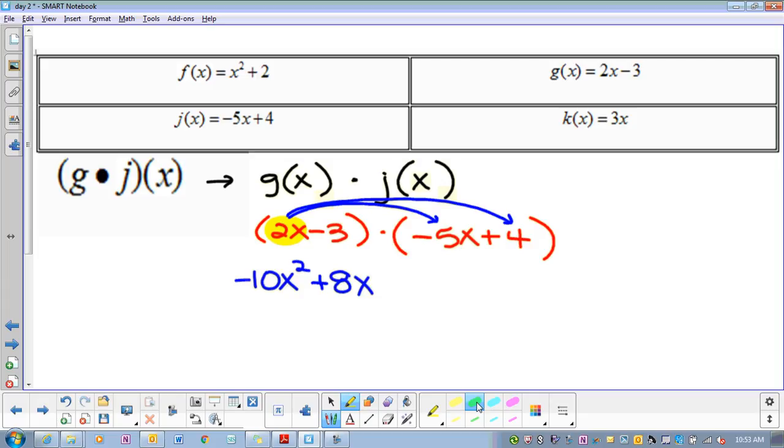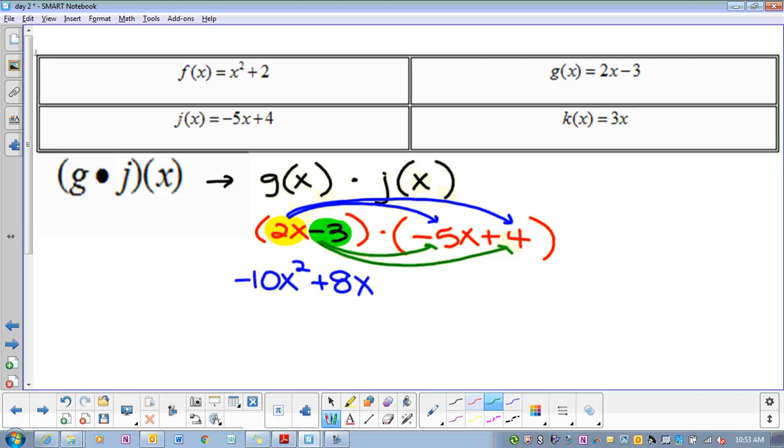All right, so I distributed the first term. This is a double distribute because you got to distribute the other one. Now we're going to go get the negative 3, and we're going to distribute that to the first and the second. So what is negative 3 times a negative 5x?